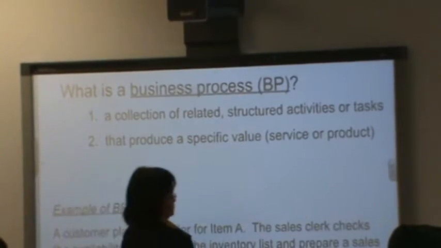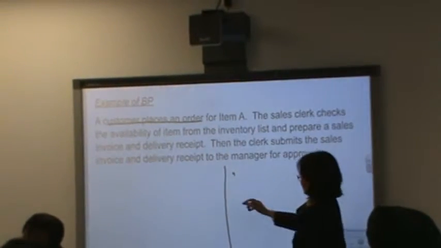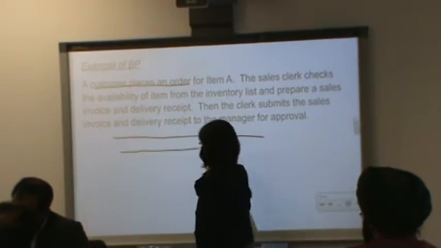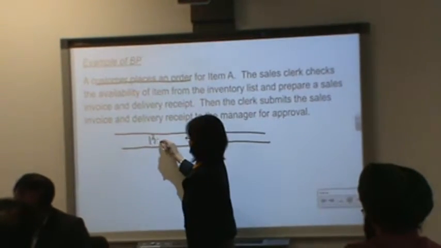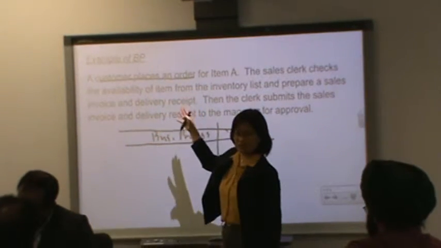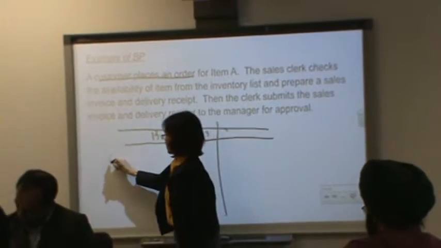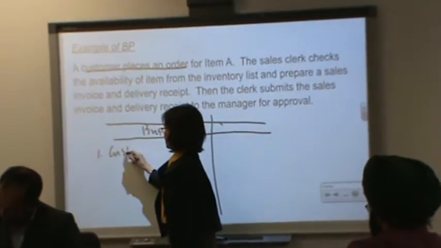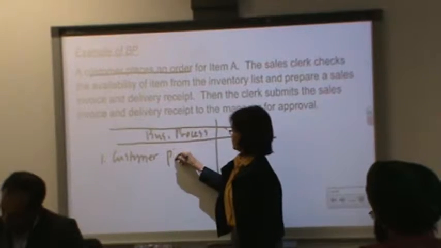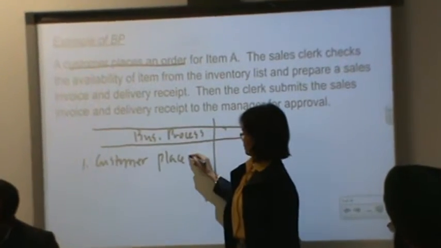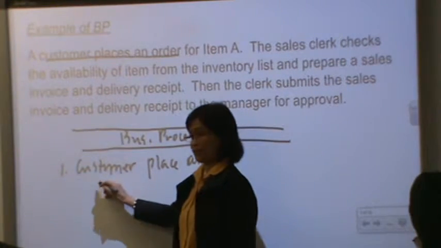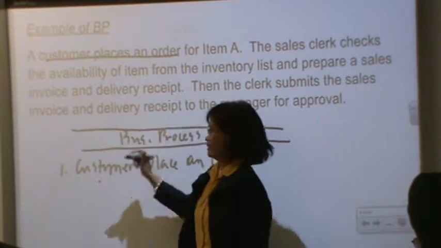If you analyze this given process, you say that this is a business process, and you look at what are the activities being done. So here you can say, okay, there's a customer placing an order, okay? Follow? The first step in this process is the customer places an order. Can you follow? Yes. Okay.